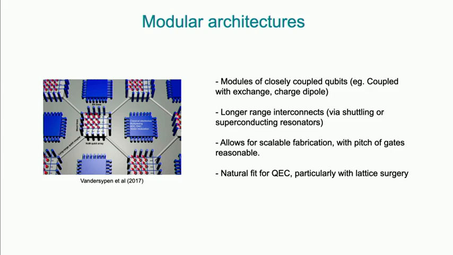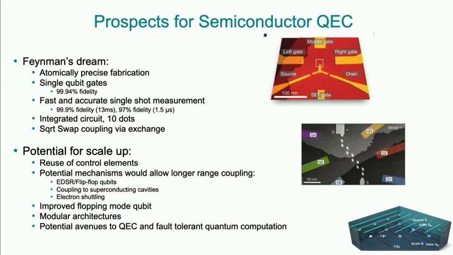And in this way, you could build up your architecture, building it up module by module, with much more reasonable pitch of gates and possibility of control. And this seems like a natural fit for quantum error correction architectures. So this is not my picture, this is a picture by Lieven van der Sijpen.